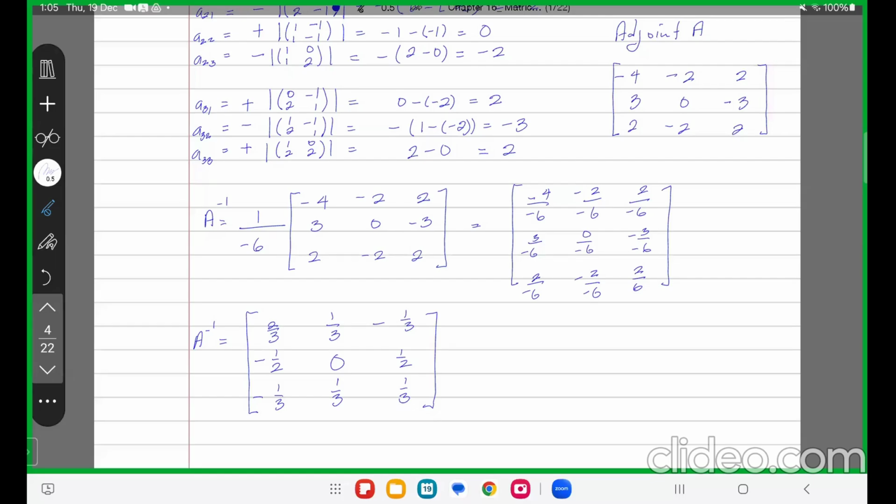All right, so just making a minor correction here, this should be negative, and so this should be negative 1/3.